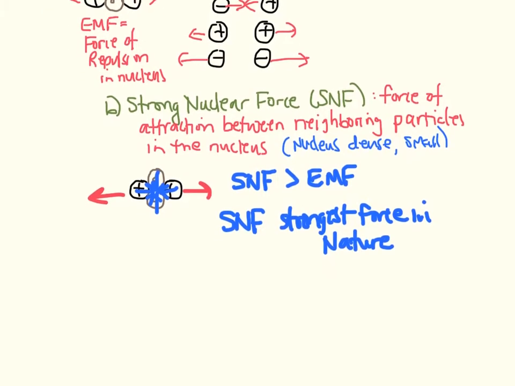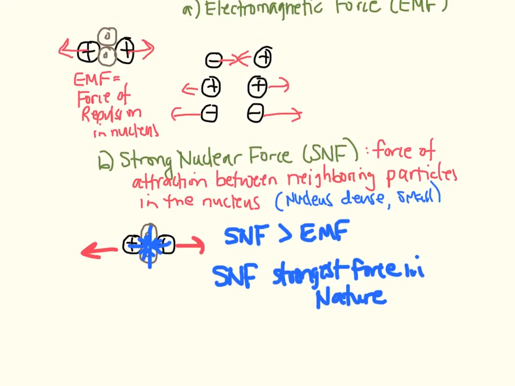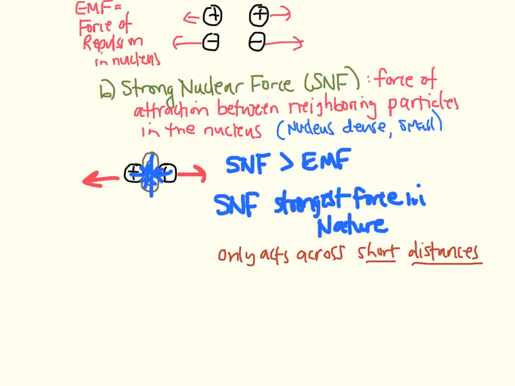Now, there's one little caveat to the strong nuclear force. The strong nuclear force only acts across short distances. And by short distances, I mean like the width of a neutron.